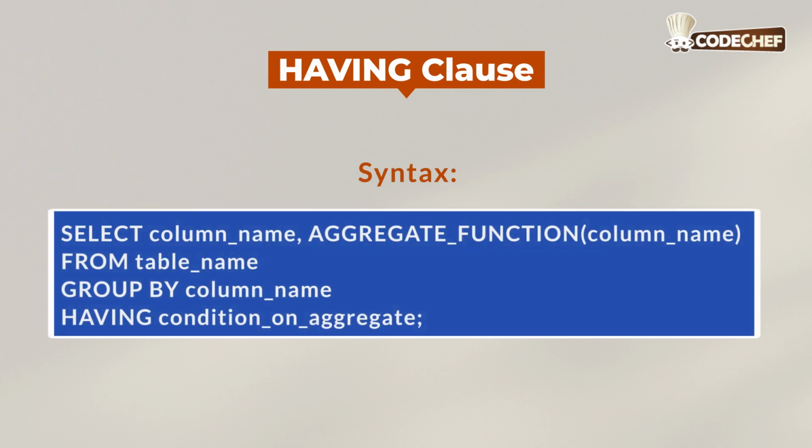The syntax for this query is select, then column name, comma, whichever aggregate function we want to use, and inside brackets we write the column name on which we want to implement that aggregate function. Then from table name, group by column name, and then having. After having, we write the condition that we want to apply on the aggregate function which we are using, and semicolon.